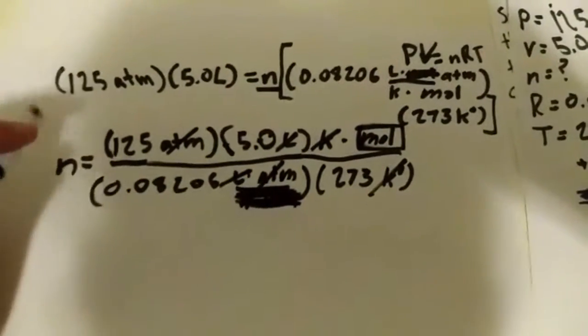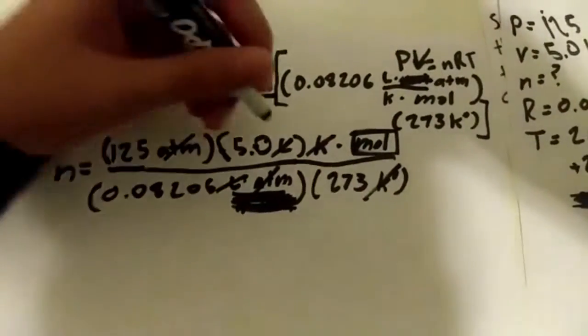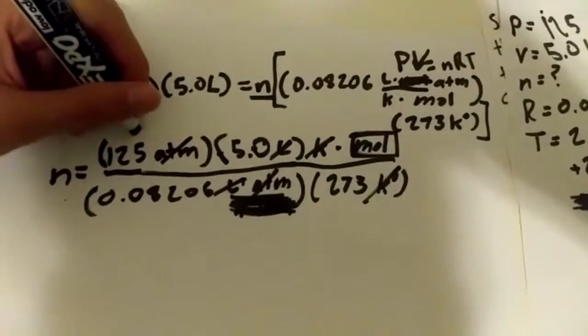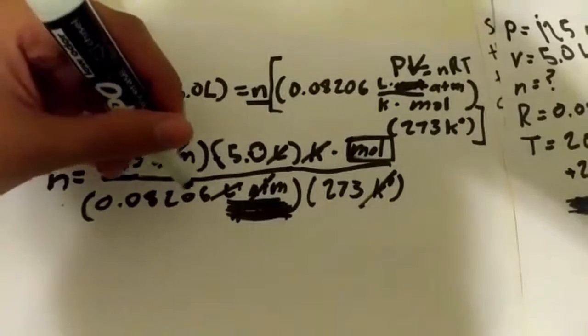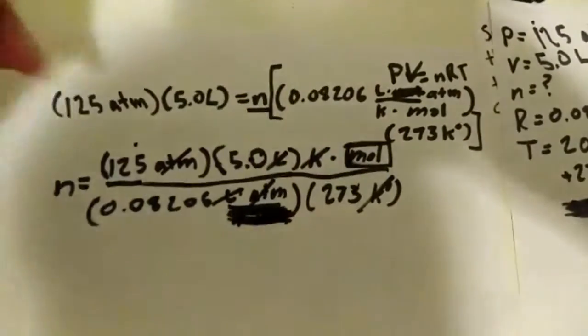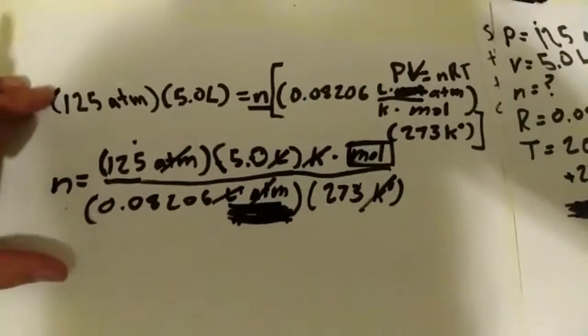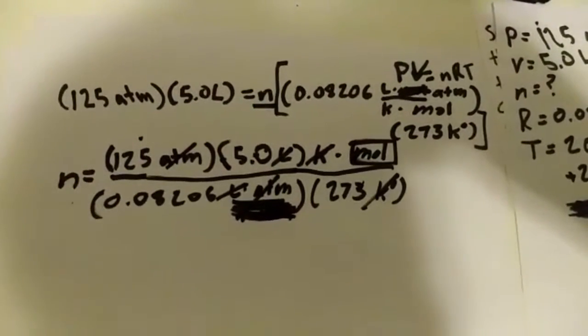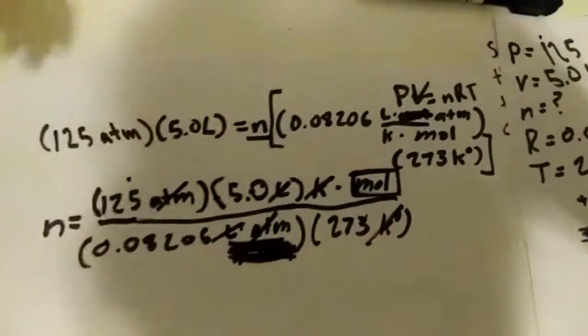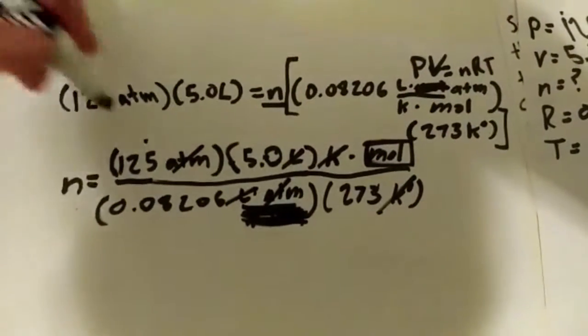So all we do now is plug in these values, so 125 times 5 over 0.08206 times 293. Now, what isn't the most important, but it's pretty important, is sig figs.